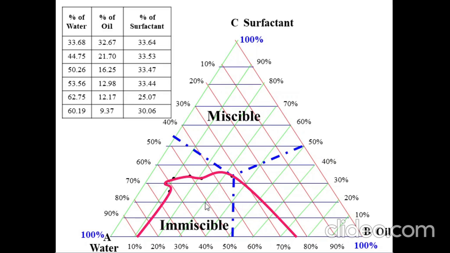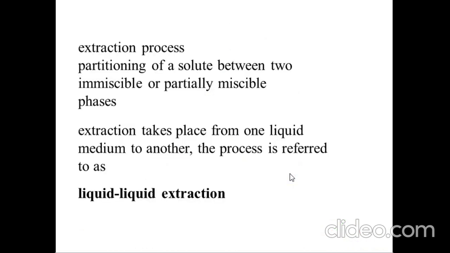If you forget to fall within this combination and if you choose somewhere here, then it will be a homogeneous mixture and you will not be able to extract the molecule. Right? So this is about liquid-liquid extraction. This is what we saw or discussed in detail about the liquid-liquid extraction.